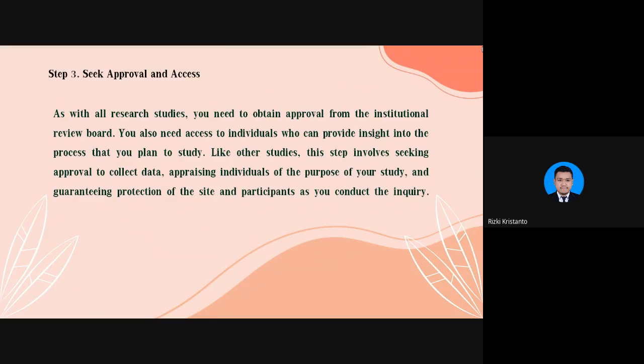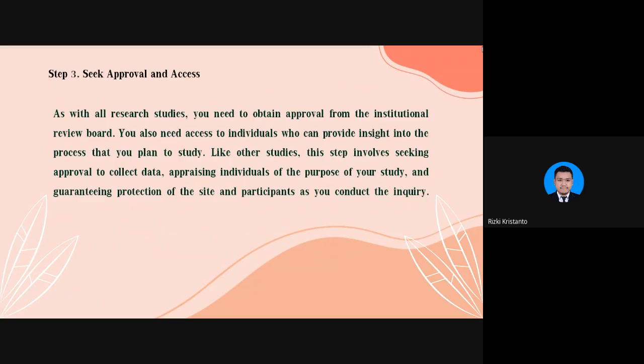Like other studies, this step involves seeking approval to collect data, apprising individuals of the purpose of your study, and guaranteeing a protection of the site and participants as you conduct the inquiry.